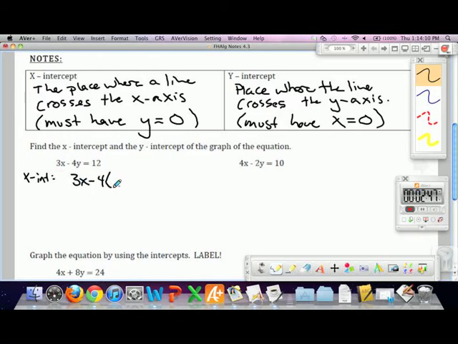What's anything times 0? 0. And what's anything minus 0? Just itself, whatever it was. So this is the same as 3x equals 12. And if 3x is 12, what's x equal? 4. So the x-intercept must be 4.